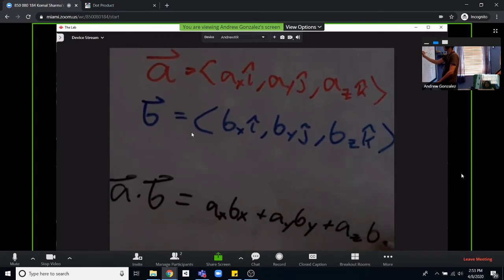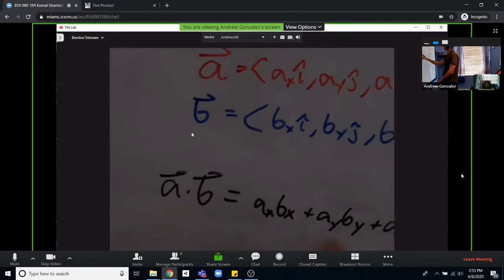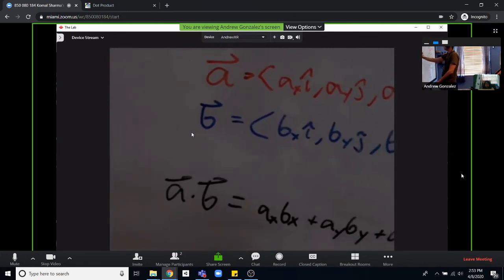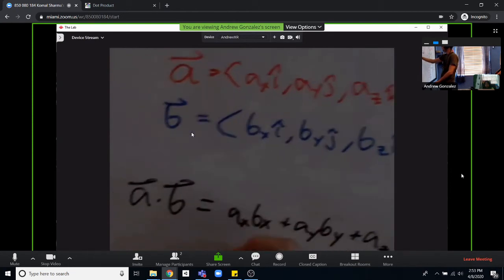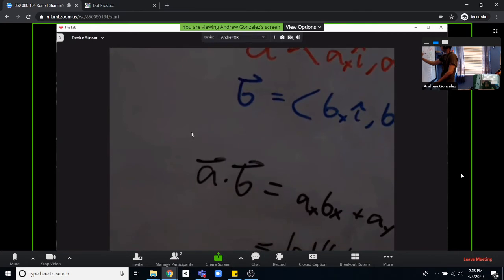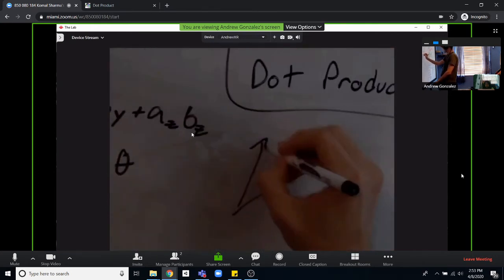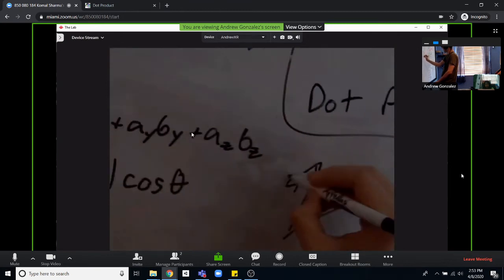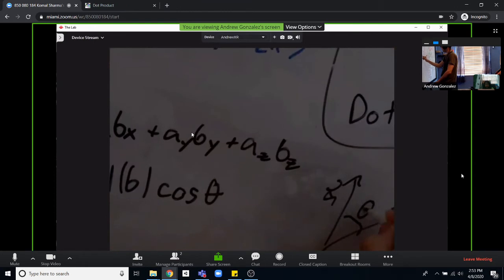So thank you. Here we have the dot product, one way of representing it. Another way of representing it is as the magnitude of A times the magnitude of B times the cosine of the angle between them. If you have these two vectors, A and B, then the angle between them would be here.